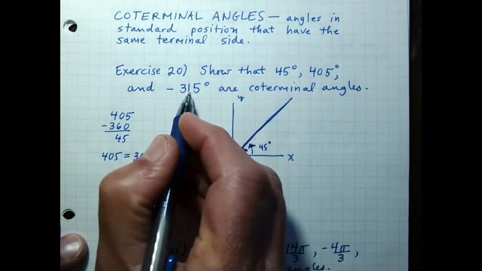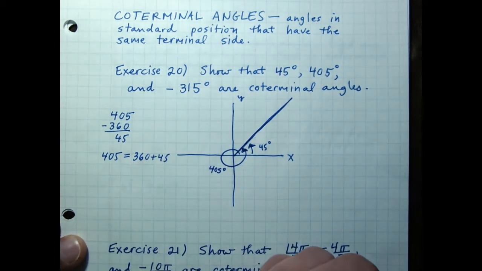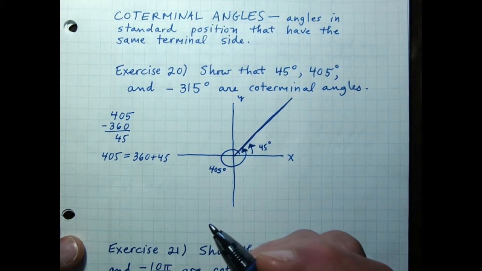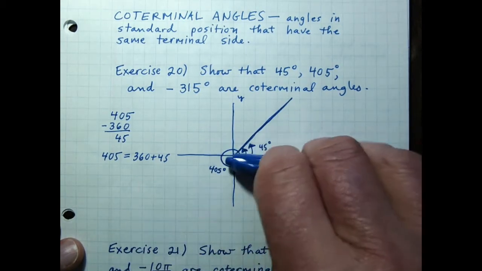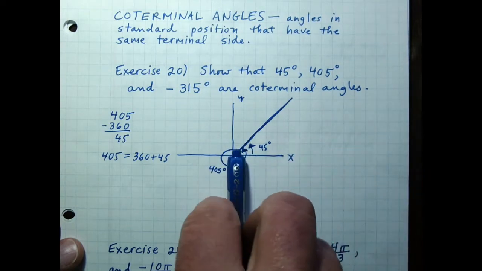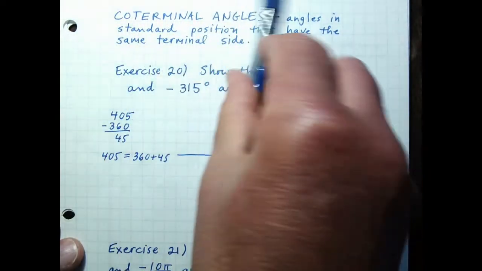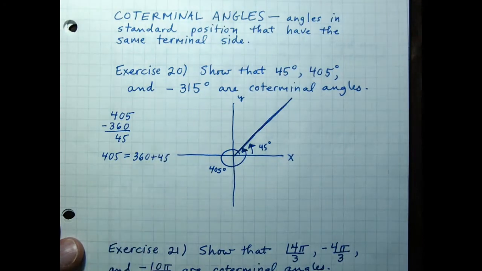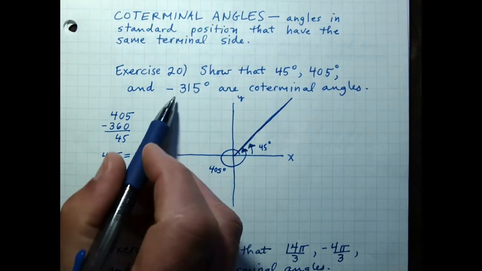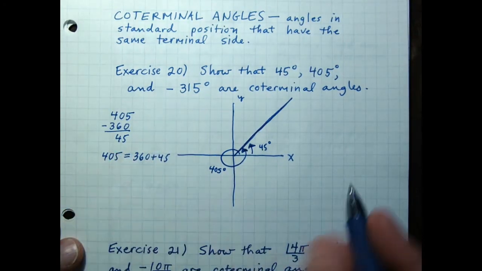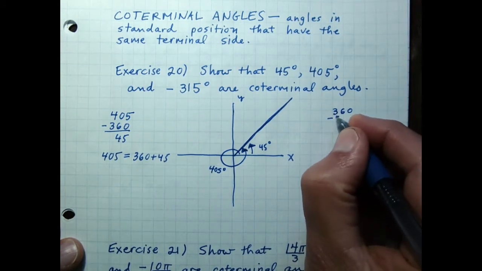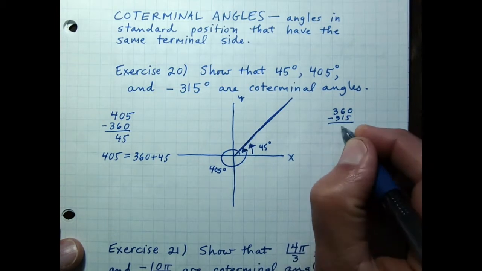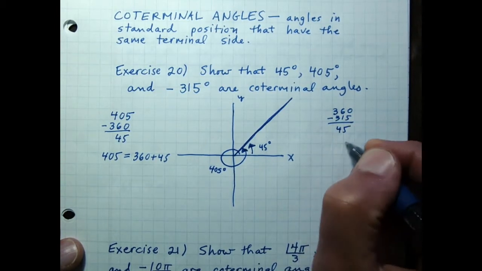And we also want to look at negative 315 degrees. Now, negative 315, I know I'm going to go in a negative direction. I know I'm going to go almost full circle, right, because it's close to negative 360. How close is it to negative 360? Well, if I just take 360 minus 315, I observe that's 45.